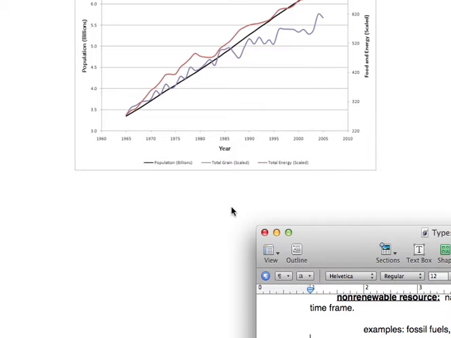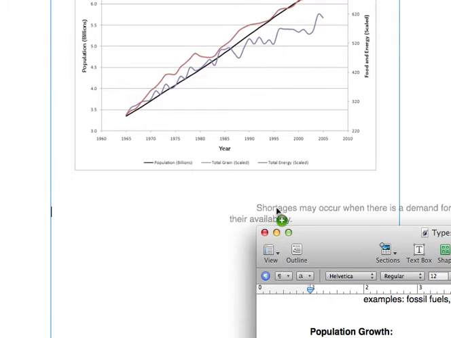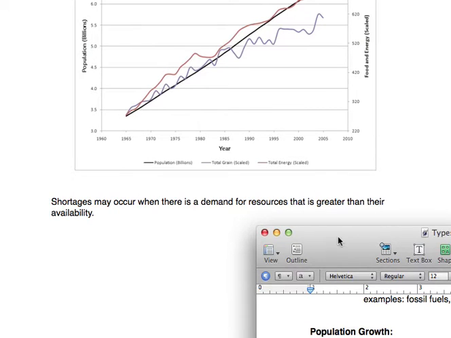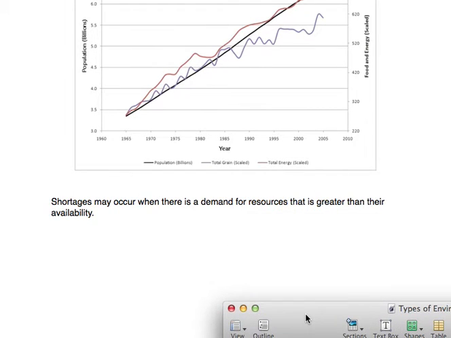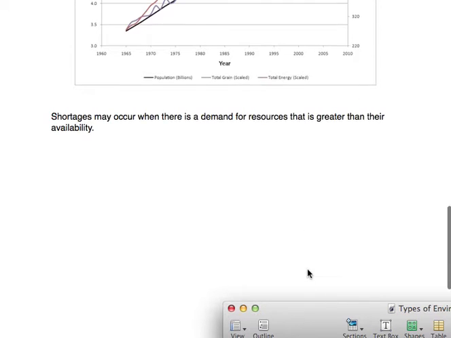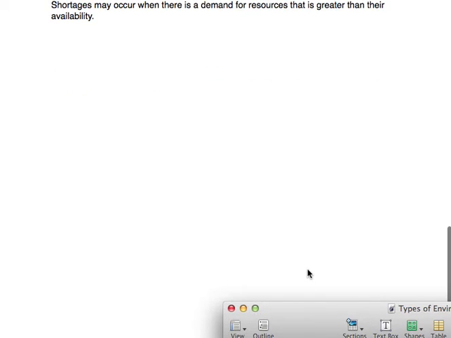So if you have an increasing population that's growing really quickly, sometimes the amount of resources is limited. It's a limiting factor. So you might have shortages. It's important to note that shortages may occur when the demand for resources is greater than their availability. An example: I remember probably 10 years ago, we had a really, really hot summer and people were running their air conditioners.